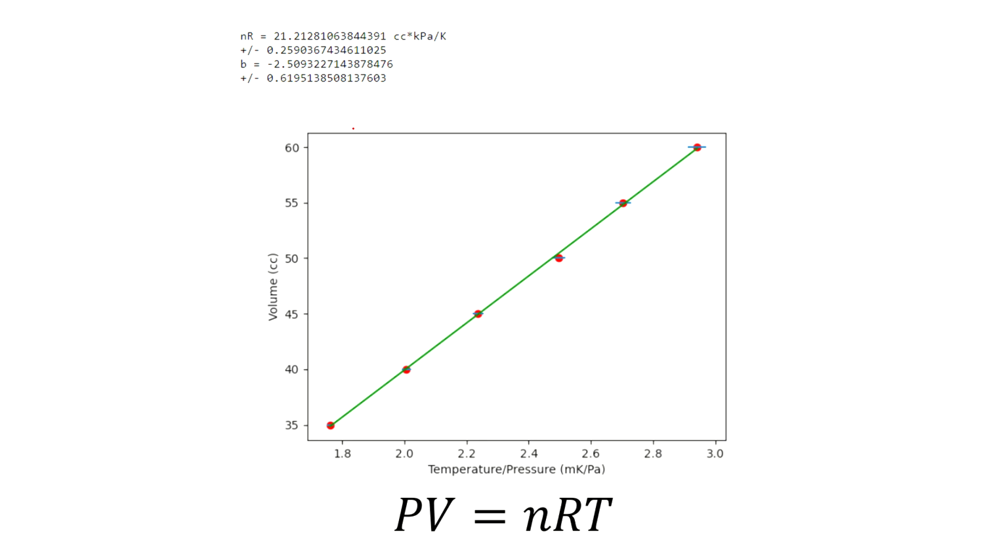Now we're going to graph volume versus temperature divided by pressure, and this will get us the next graph. As you can see, it very closely follows a linear path. This is because if we see here the formula of pressure times volume equals the number of moles times R times temperature, and we divide by pressure on both sides, we get that volume is equal to N times R times temperature divided by pressure.